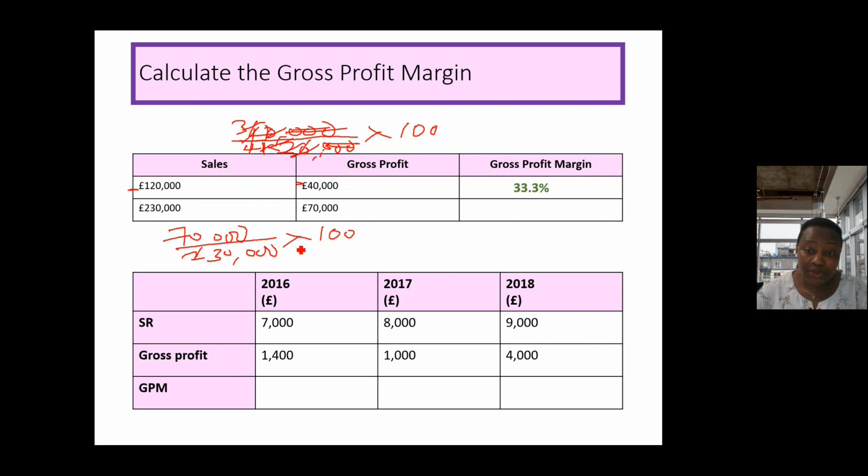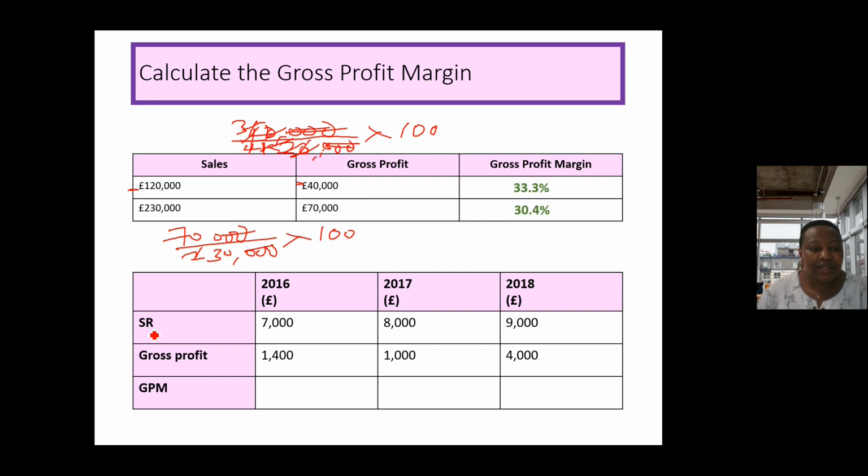You use your calculator to do that, so you divide straight away. You're going to have 30.4. And what this means is that for every £1 of this 120,000 sales figure that we have, the business is making 33p of every one.